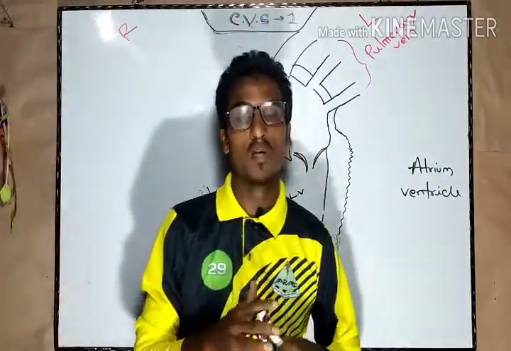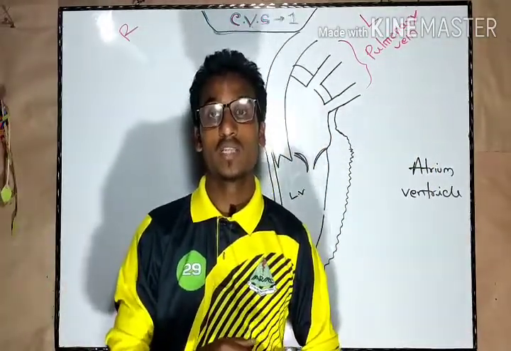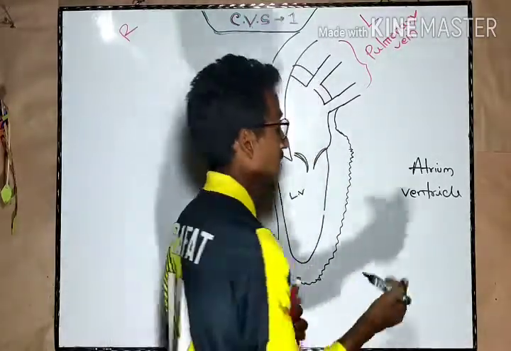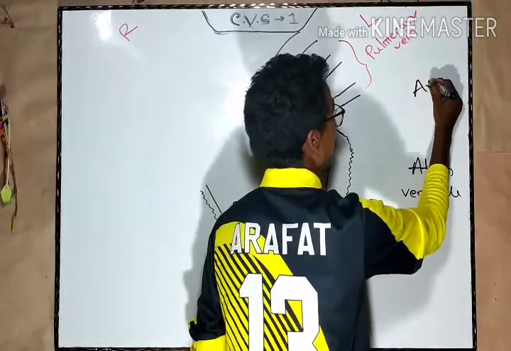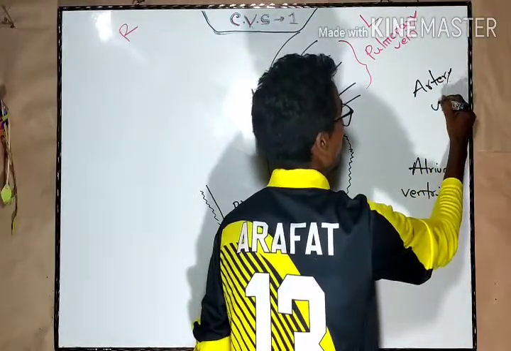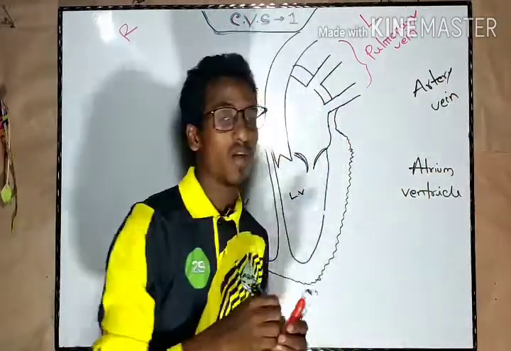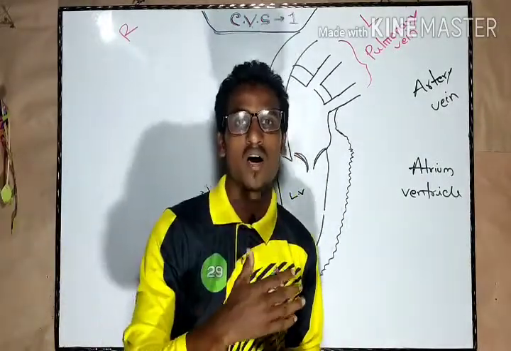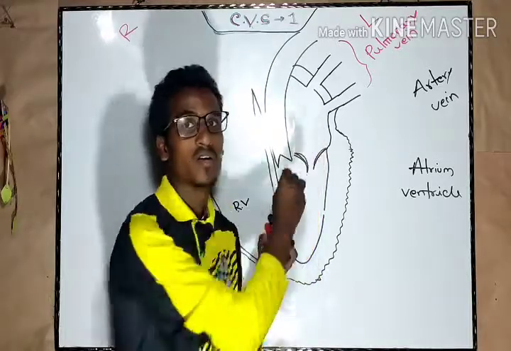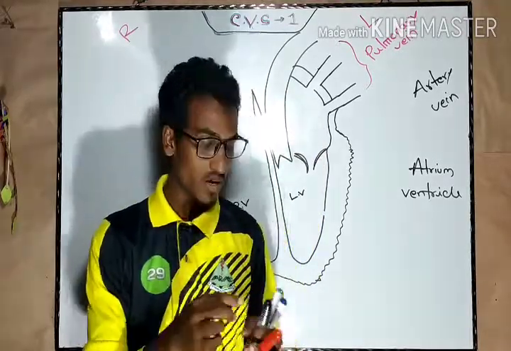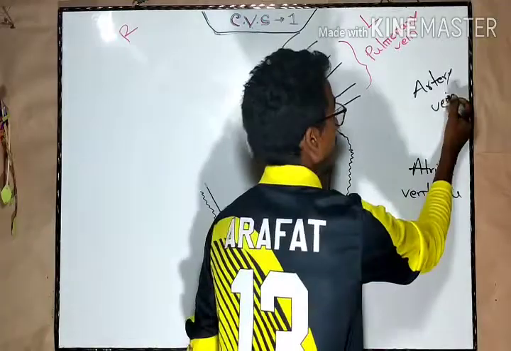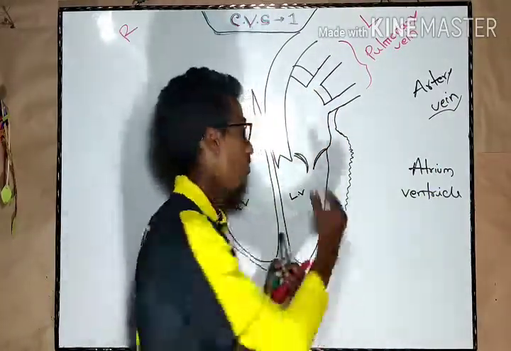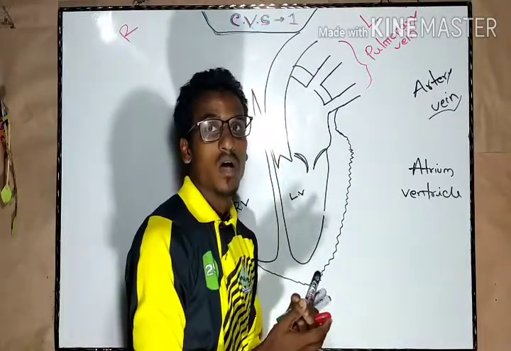In the basic terminology, look at that, the difference between the artery and the vein. The blood vessels that carry the blood towards the heart are called veins. This is the vein that carries the blood towards the heart.